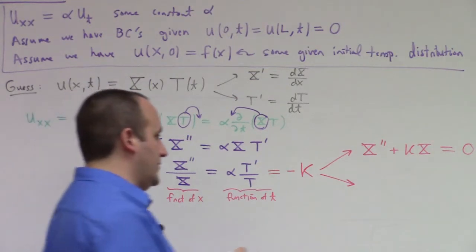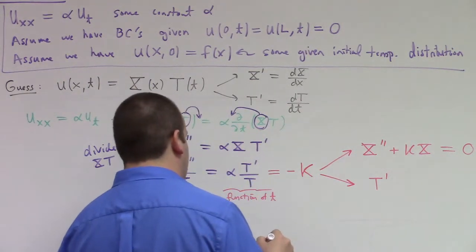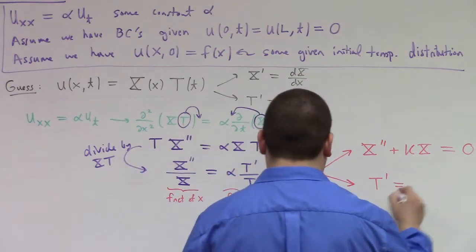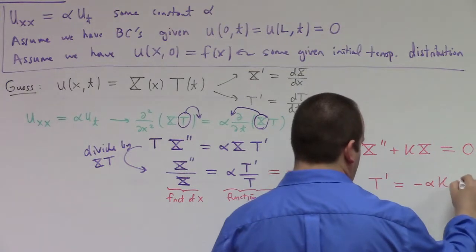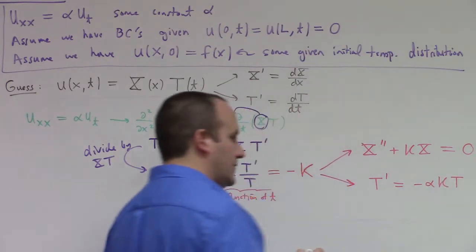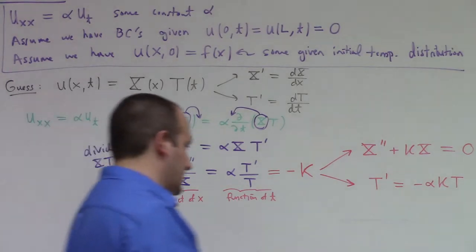The other one being T prime equals minus alpha k T. So the t equation I could solve, by the way. I could just solve that.